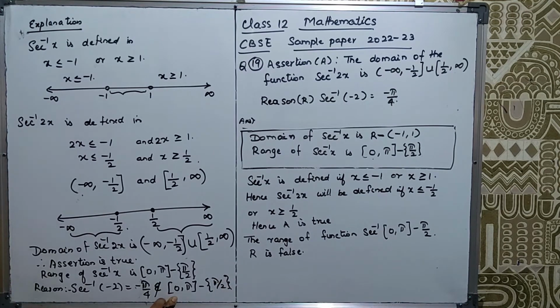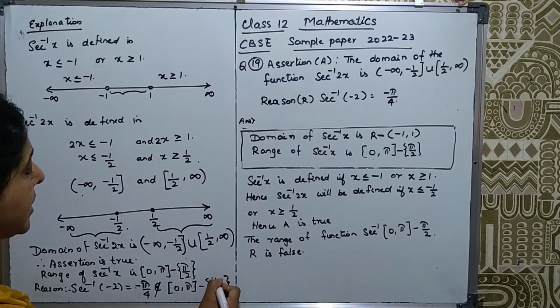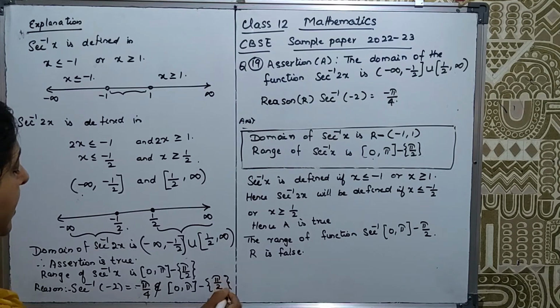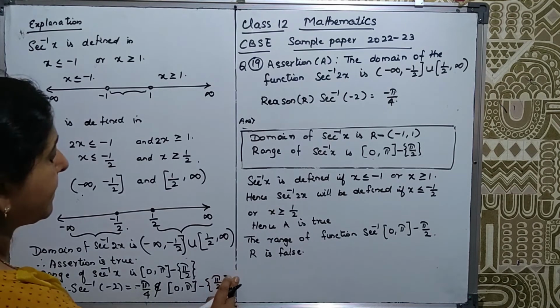Here they are considering all the positive values from 0 to 180 degrees except 90 degrees. But they gave the range as a negative value. We need a positive value from 0 to 180 degrees except 90 degrees. The value given was minus pi by 4, which is not true. Therefore, the reason is false.